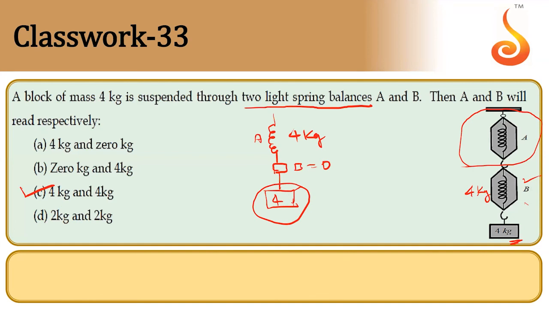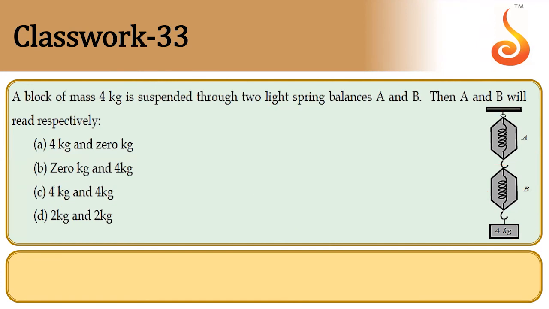So only this weight is acting on it. How much weight is stretching A? It is 4 kg, so it will read 4 kg. Hope you have taken this. Shall we move to the next.